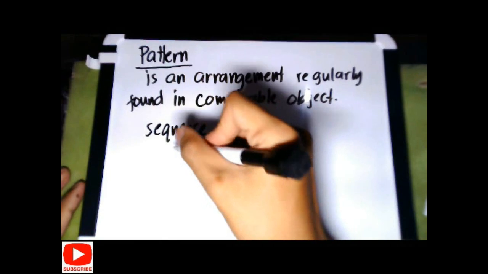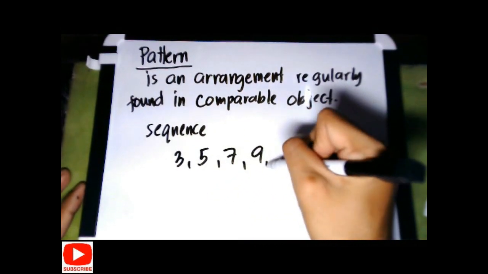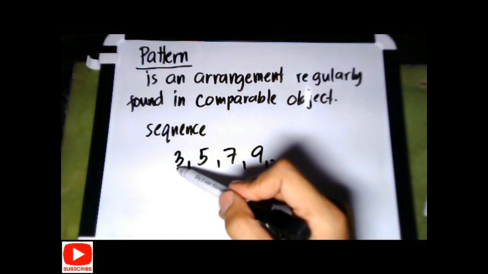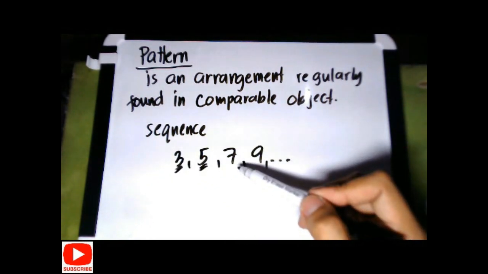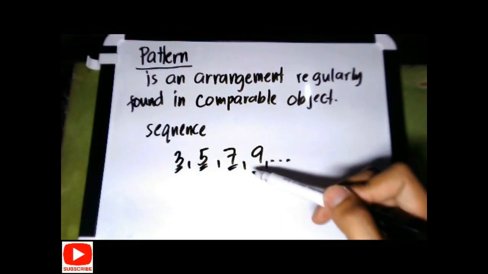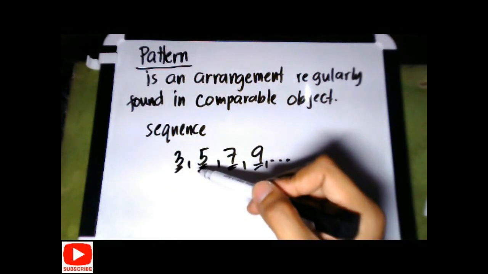For example, 3, 5, 7, 9, and so on. This is a sequence of numbers. Now, let's try to identify the pattern of the sequence. From 3, why did it become 5? From 5, why did it become 7? From 7, why did it become 9? Let's check what the pattern is.